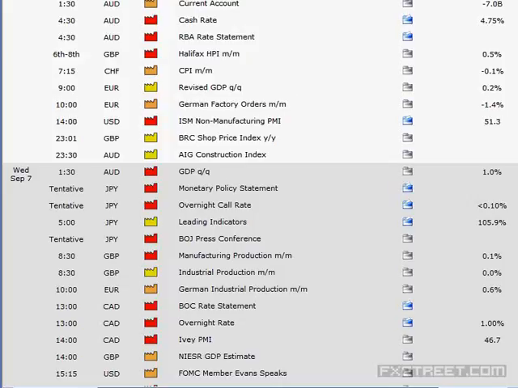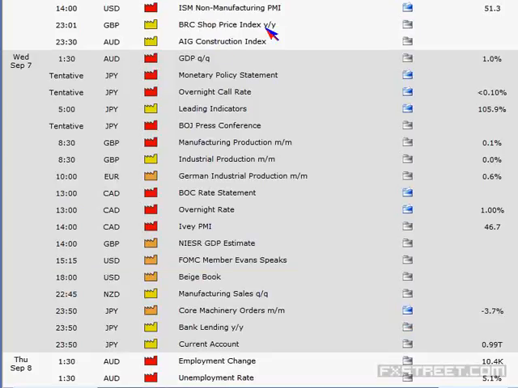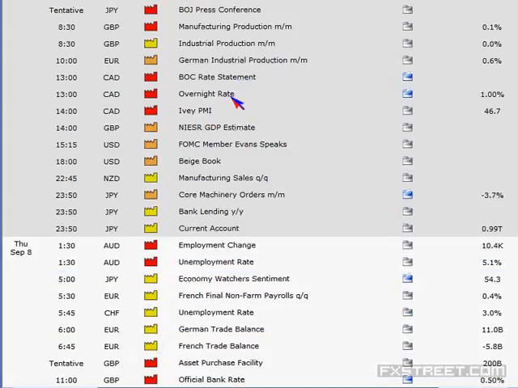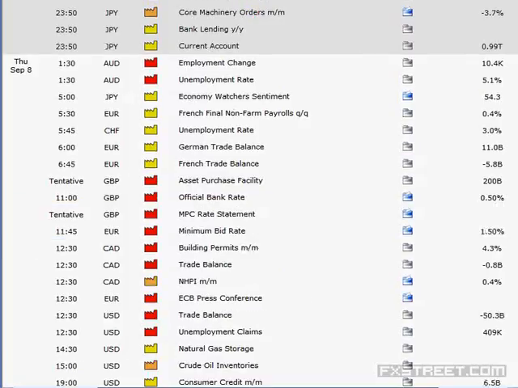Also you come across ISM, and that could give the trigger for the market to go up tomorrow. Then on Wednesday you come across the DOC rate statement and overnight rate, and no change is envisaged at the moment.